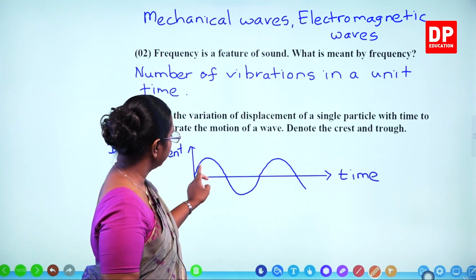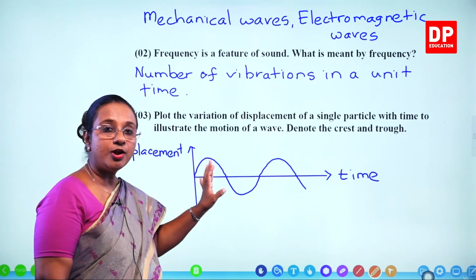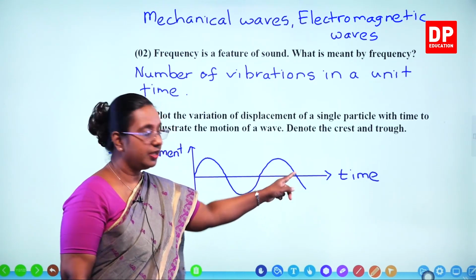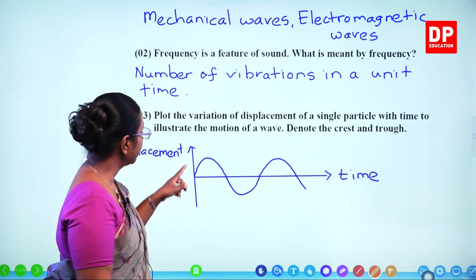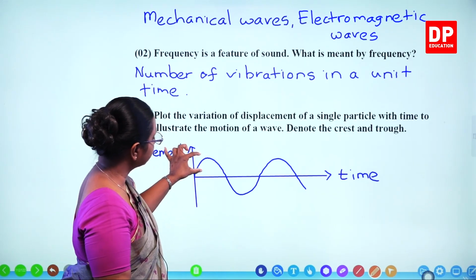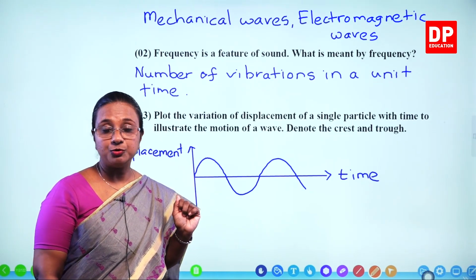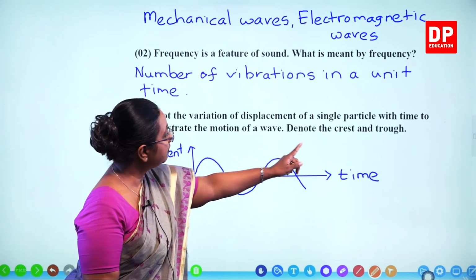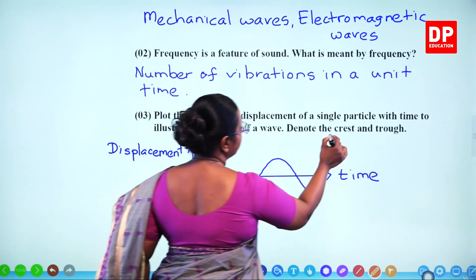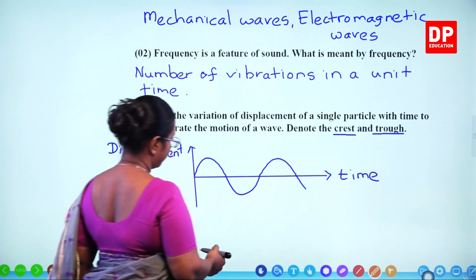These have to be the same. So, when you all are drawing, if you draw according to a proper measurement, make sure that these amplitudes are equal. Here we only need to denote the crest and the trough.